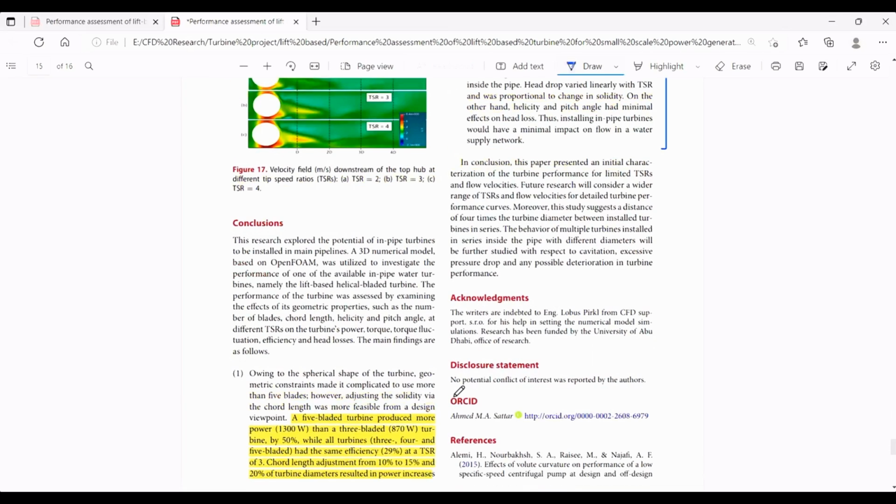So in all, we can conclude that the author analyzed the effect of various parameters on the performance of the Gorlov helical lift-based turbine.